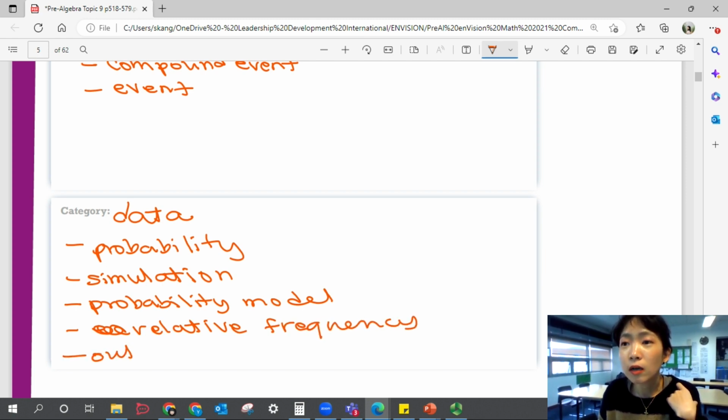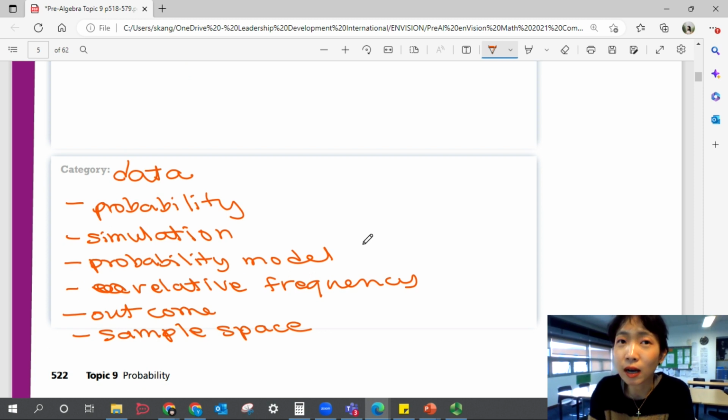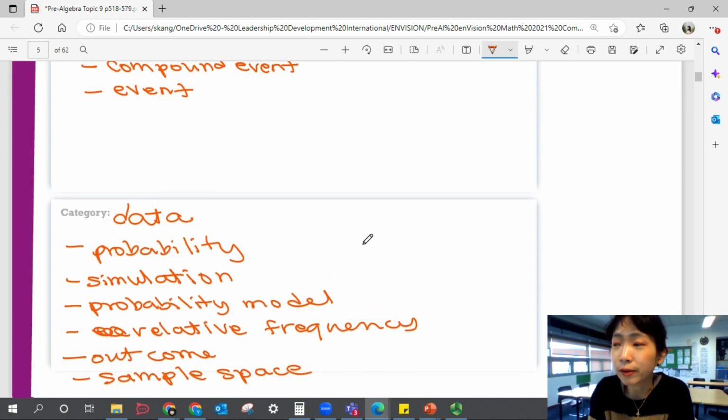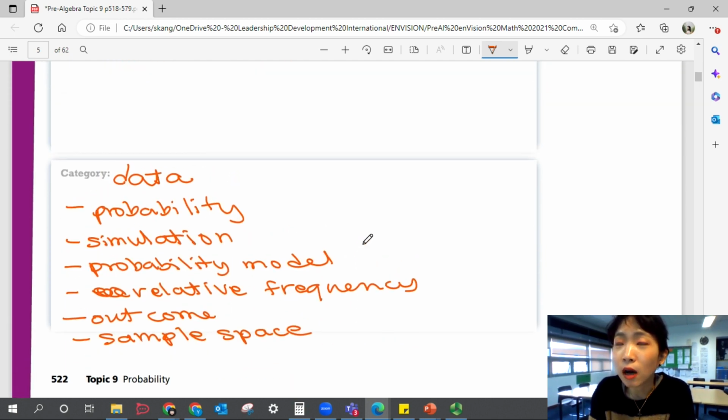We have outcome, and we have sample space. There we go. So those are all data that we can utilize when we figure out some probability and some theories of using these data. All right, so that will be a good preview of topic 9.